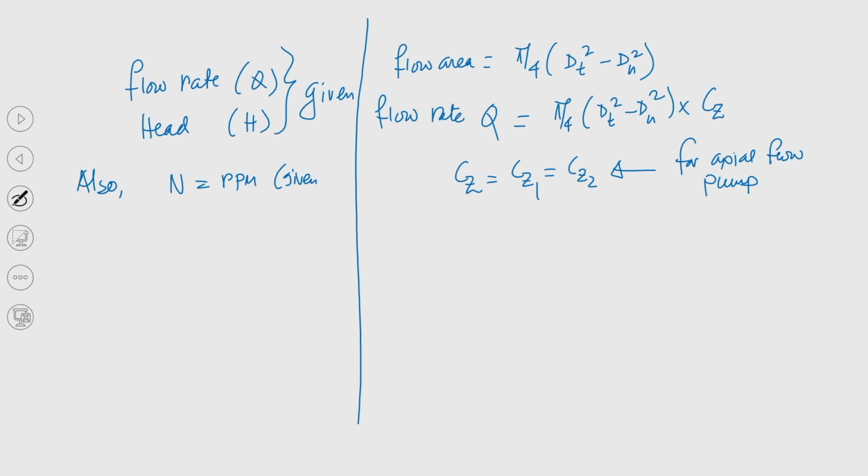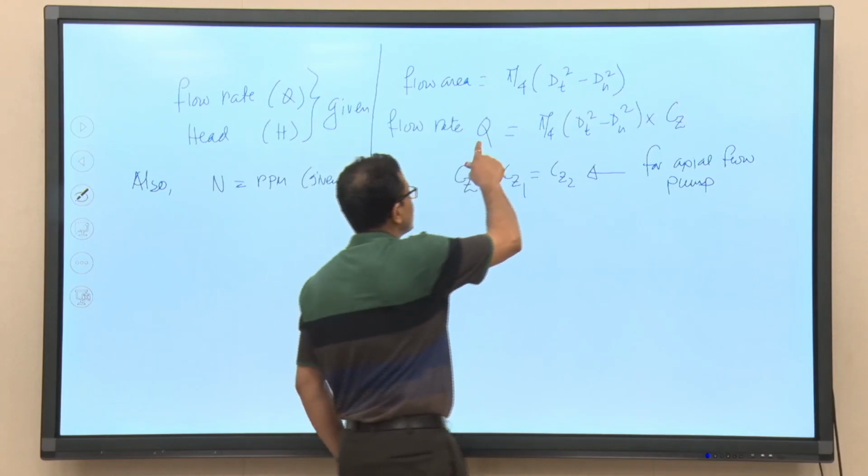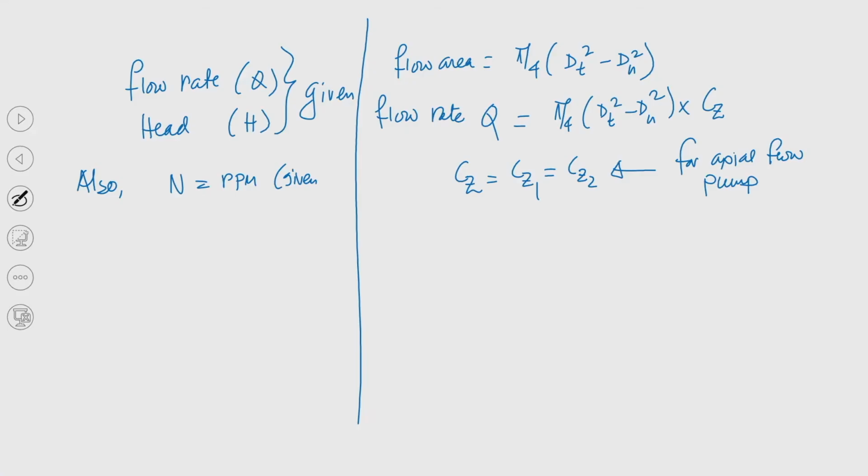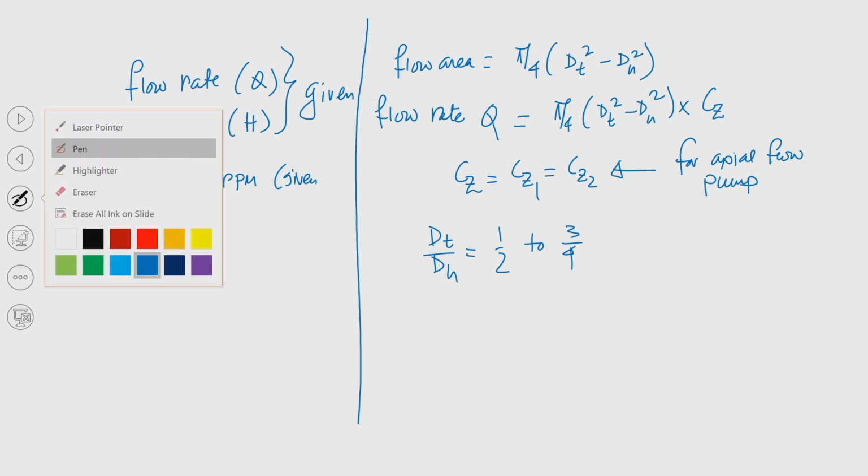Now, if we know Q, you can understand, if I know Q and also this dt by dh, the ratio of the tip diameter by hub diameter, that is also given, and that is nothing but, sorry, I have written it wrong.